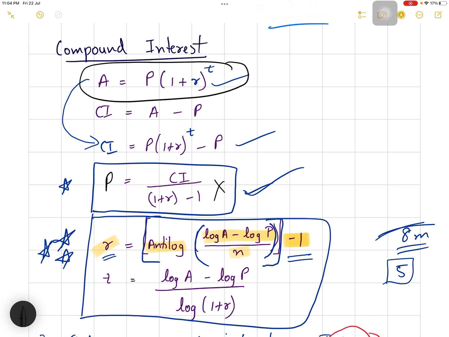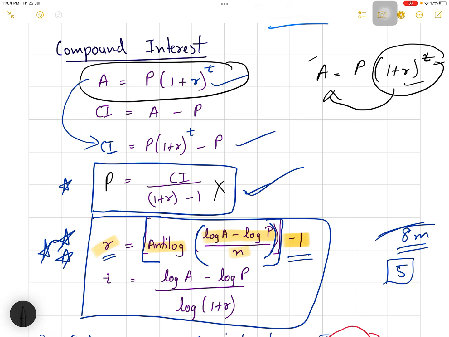Amount is given, so we are using this formula only: A is equal to P into (1 plus R) raised to T. A is given, R is also given, and T we also know. Only because P is asked, I have taken this bracket to the other side.